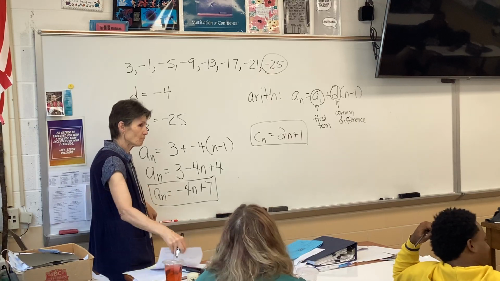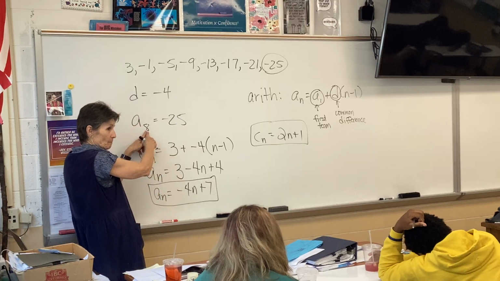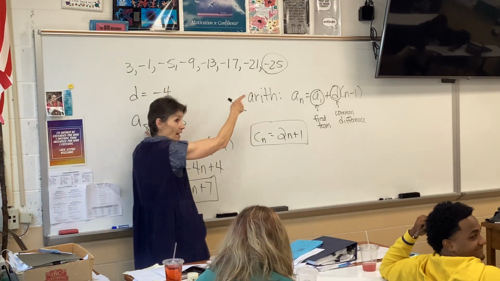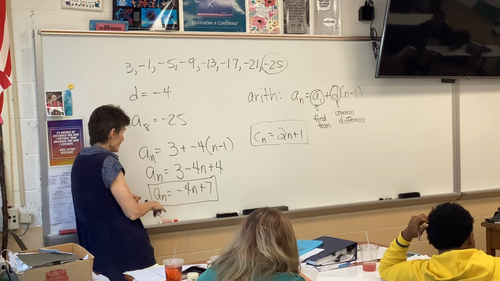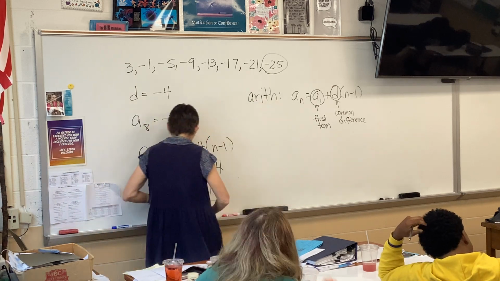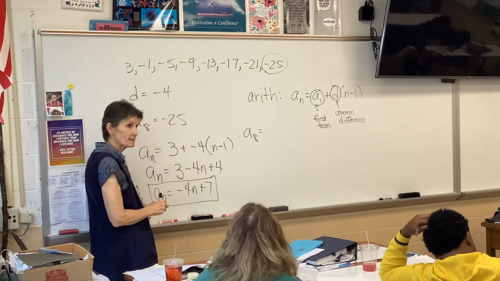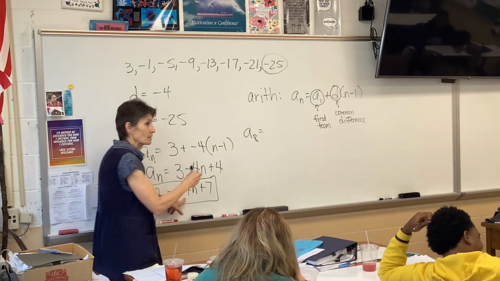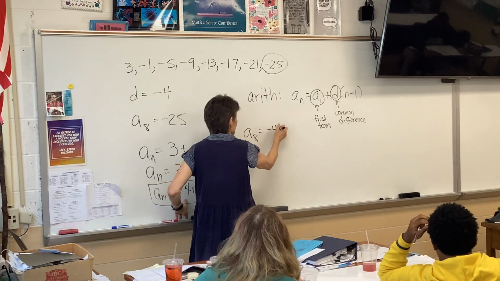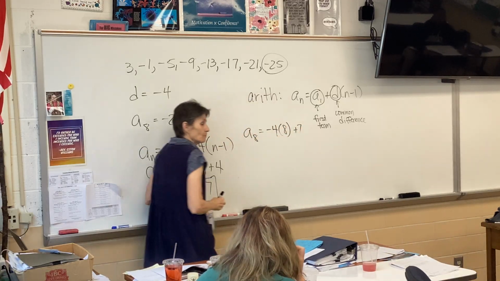Now, just for fun, remember when we found a sub 8 and we did it by counting down? What if I used my formula? What would a sub 8 be if I used my formula? A sub 8 would be negative 4 times 8 plus 7.